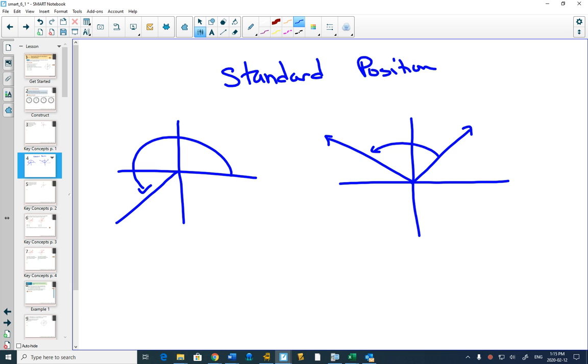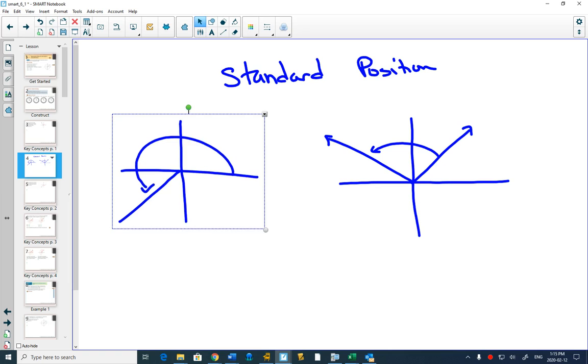So we do this a couple of times. Meanwhile, you are trying to determine, based on all the pictures, what makes something in standard position and what makes it not in standard position. Okay? So there's example one right here.